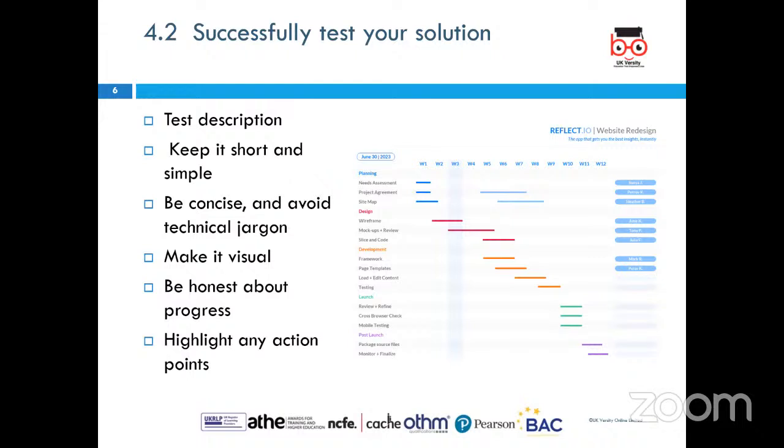So when we look into a test description, we have to take into consideration: keep it short and simple, be concise and avoid technical jargon, make it visual, be honest with the progress, and conclusively highlight any action points.